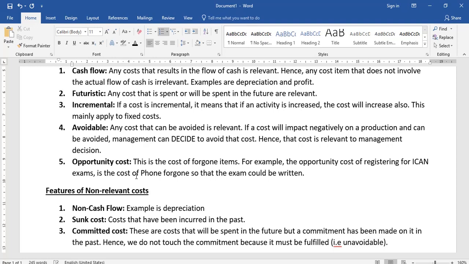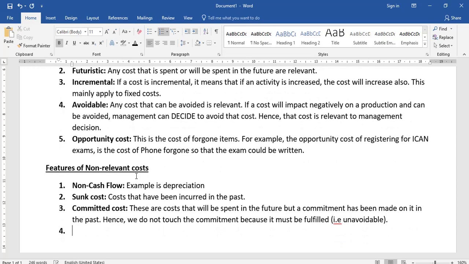So you see, committed cost is cost that is unavoidable. You committed a part of your salary to paying ICAN exams. So when you are planning your salary, you do not touch that part. So you don't even plan with the committed part, even though it is futuristic, but because there is a commitment on that amount, you do not touch it. It is non-relevant.